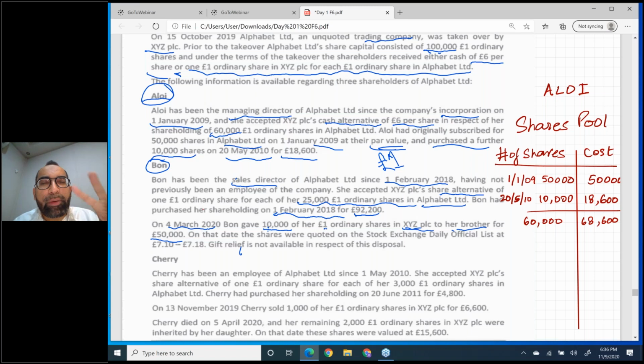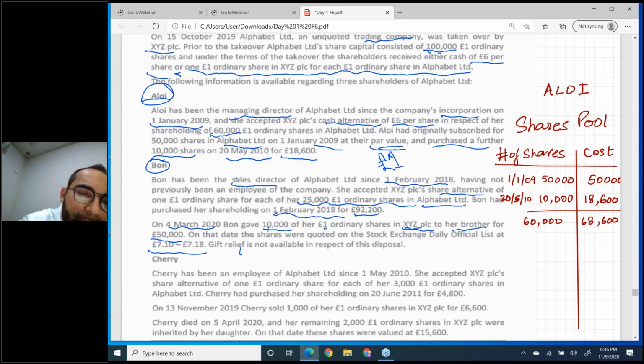On that date, the shares were quoted on the stock exchange daily official list at 7.10 and 7.18. Come on, boys and girls, do it yourself. 7.10 is the lowest quoted price, 7.18 is the highest. We want the mid value. The mid value is 7.14.